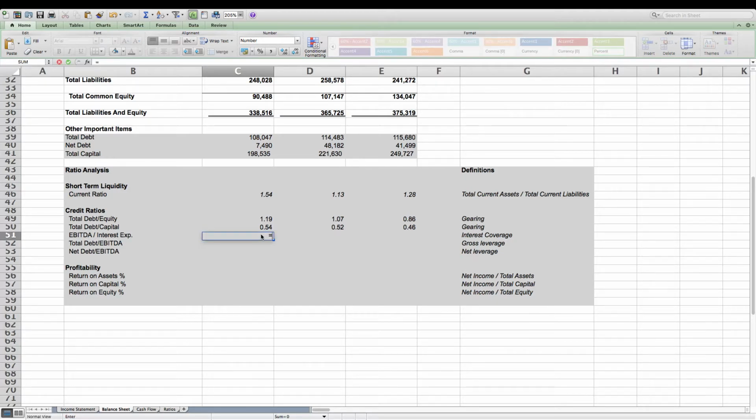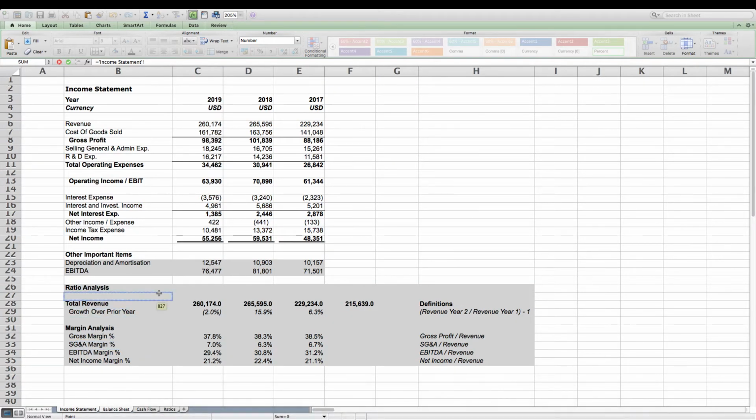So let's calculate this ratio. EBITDA, if you remember, we calculated from the income statement in the previous video. So let's do that here. EBITDA divided by interest expense. Now we're looking at the interest expense here. If you remember, in the previous video, I spoke about why I was breaking down the other income / expense line.